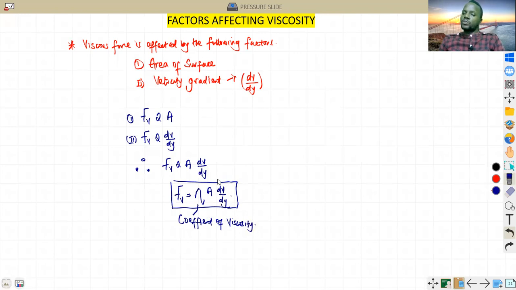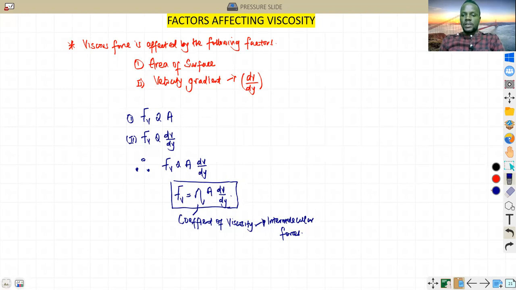You can also keep at the back of your mind that this coefficient of viscosity depends only on intermolecular forces. So that is that about the factors affecting viscosity: area, velocity gradient, and intermolecular forces, which is more or less the same as the coefficient of viscosity. Next, we move to the next slide in continuation to this.